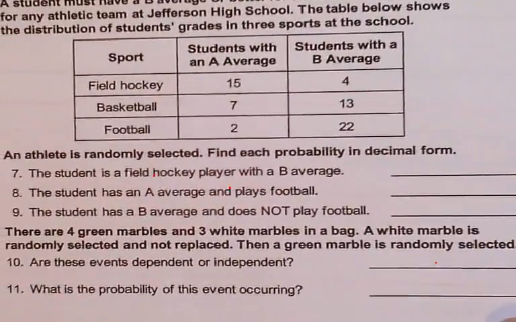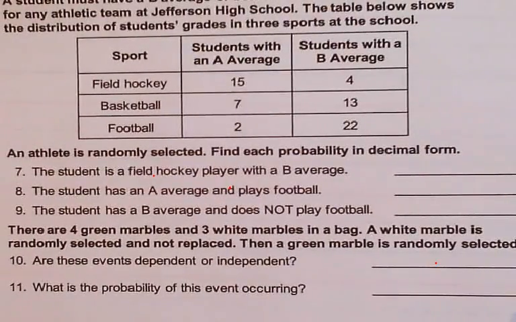The bag has 4 green marbles and 3 white marbles. So there's 7 total marbles. A white marble is randomly selected, so I reach in and grab a white marble. Then a green marble is selected. Are these independent or dependent? It just depends if I replace it or not.